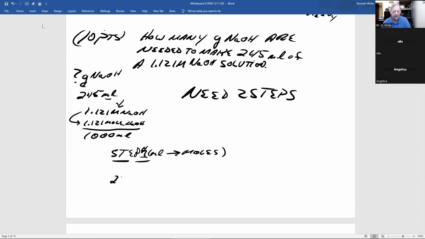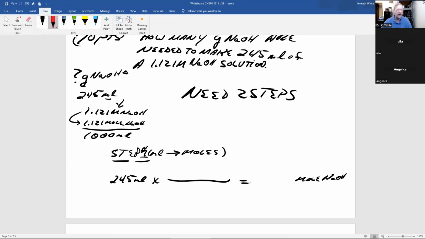We have 245 milliliters. And we want to go to moles of what? Well, eventually we've got to get to grams of sodium hydroxide. So we have to do moles of sodium hydroxide. And now we'll use our good friend, unit analysis.